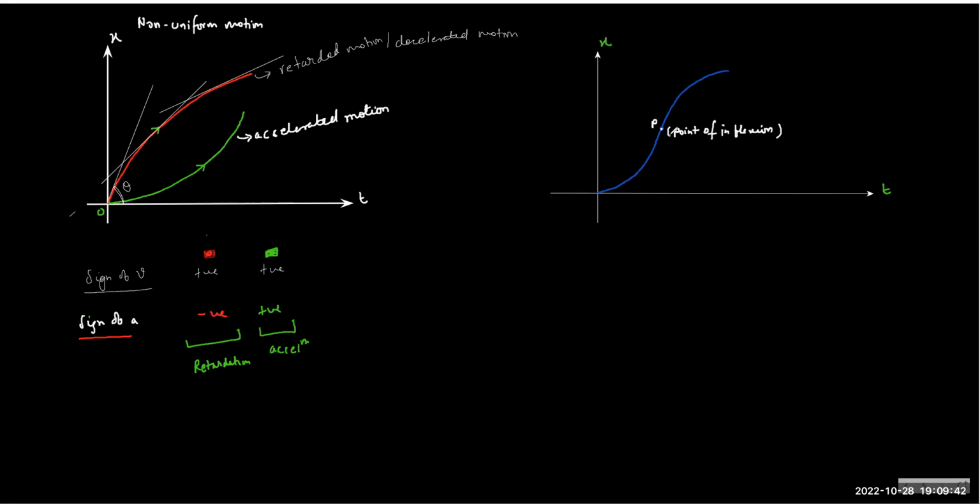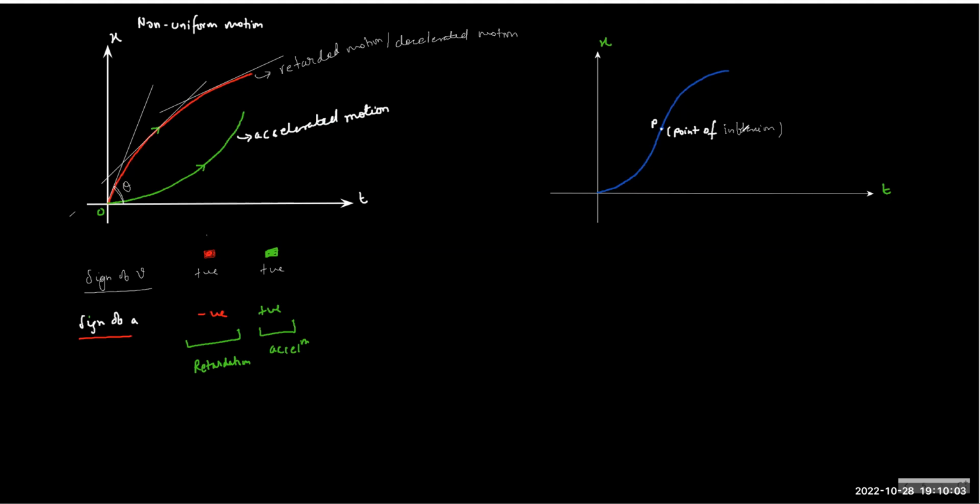Do you remember the point of inflection? Anyone? We have discussed it in maths. What is a point of inflection? A point where the curvature changes. So it goes from concave to convex or vice versa.